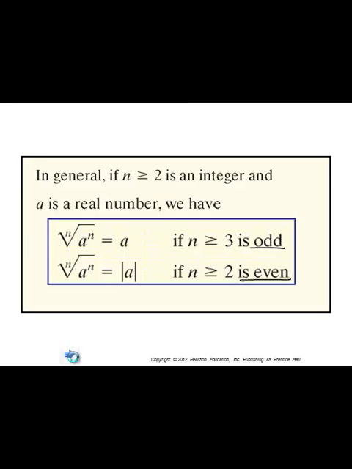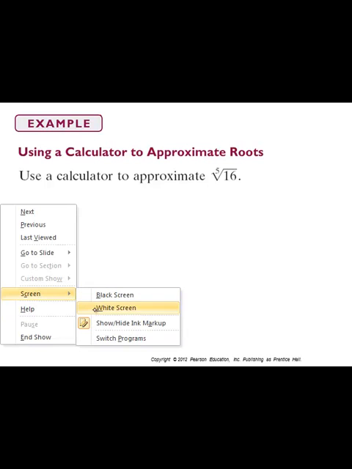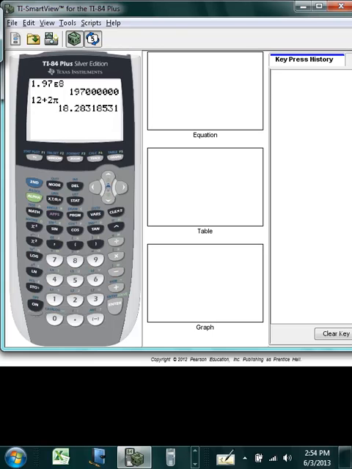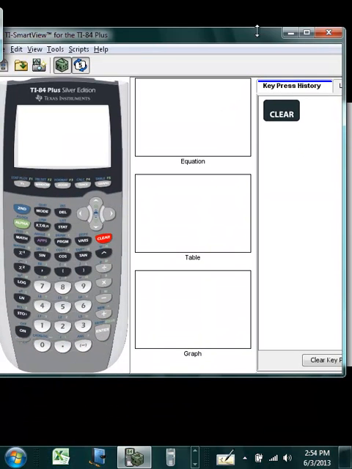Okay? Moving along here. Now, how do you do roots on your calculator? Well, let me pull out my calculator. I've got my friendly little calculator here. So, if I wanted to do, say, the fifth root of 16, what I could do is use a fractional exponent of 1/5.